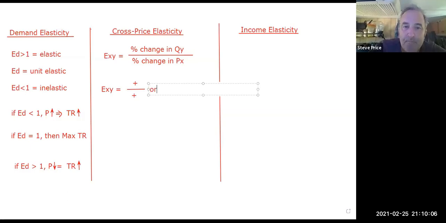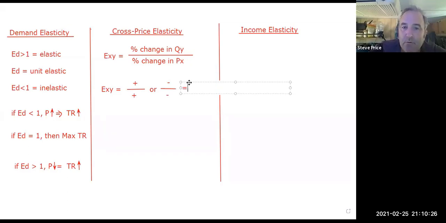Or mathematically the same would be if I have a decrease in the price of one product and then a decrease in demand for the other product.